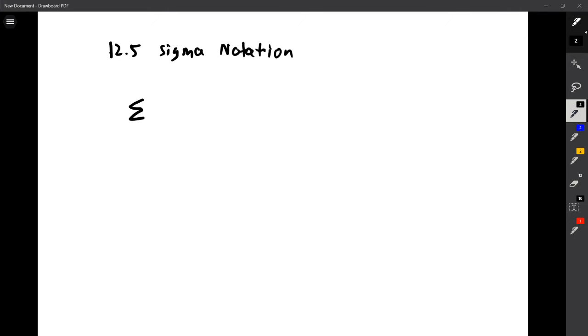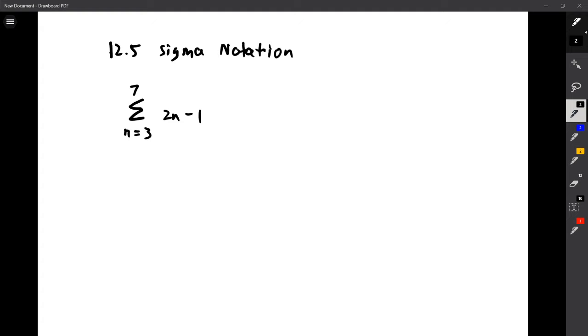And here would be an example. Might be something as simple as the sum from n equals 3 to 7 of 2n minus 1. All right, now here's what this means. Sigma is used to represent sum.